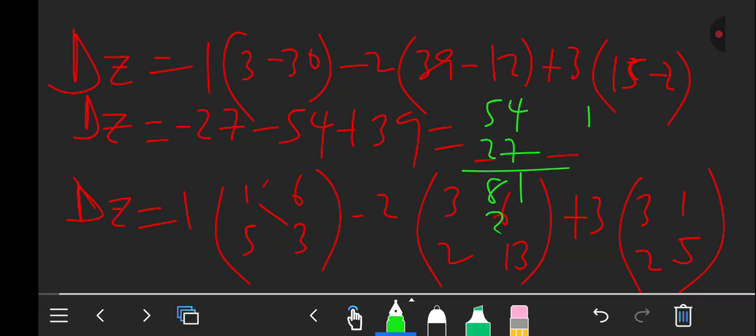So negative 81 now, we say plus 30, plus 39, which is as good as saying, what is 81 minus 39, then we put the sign.